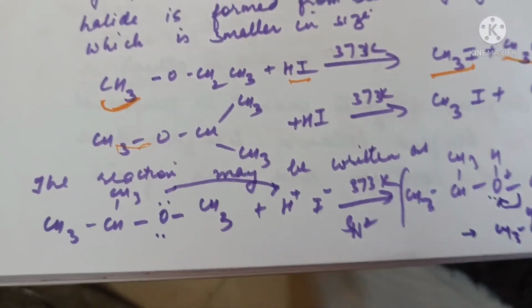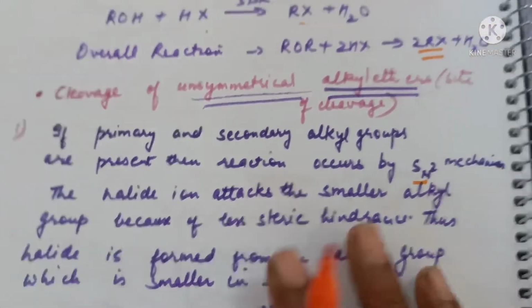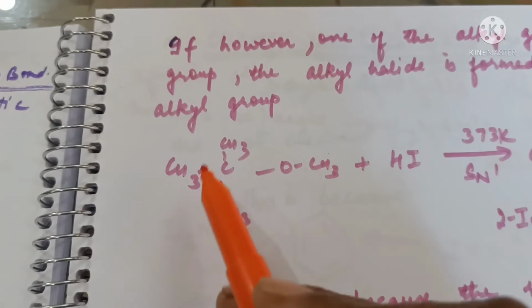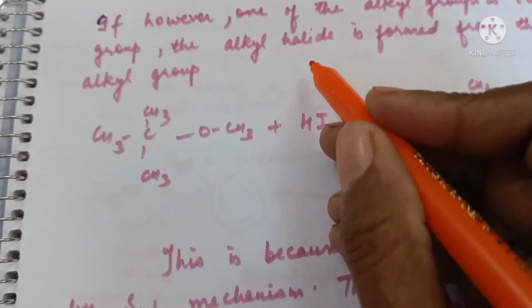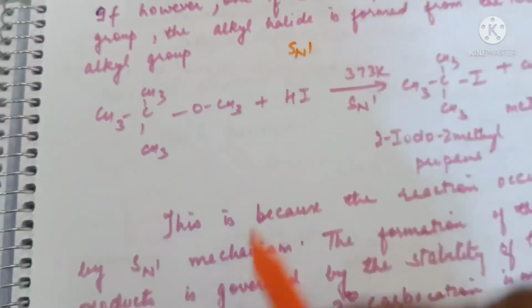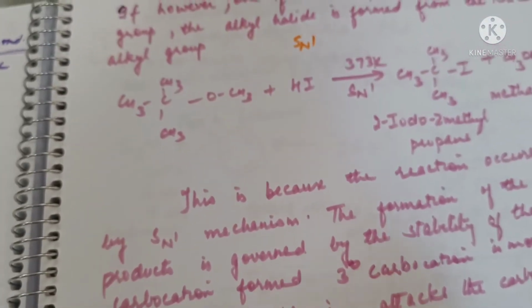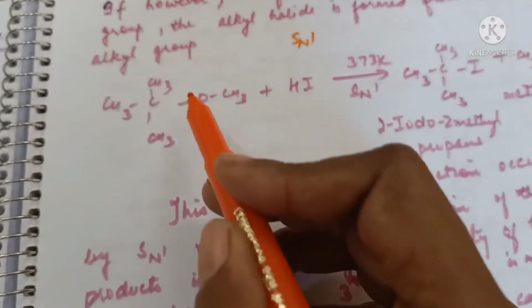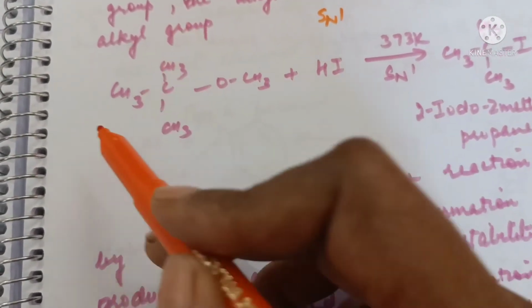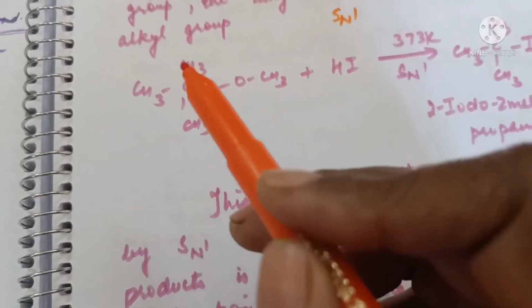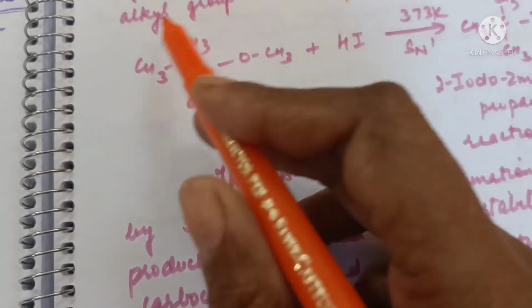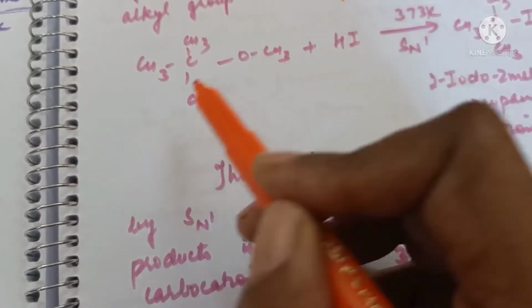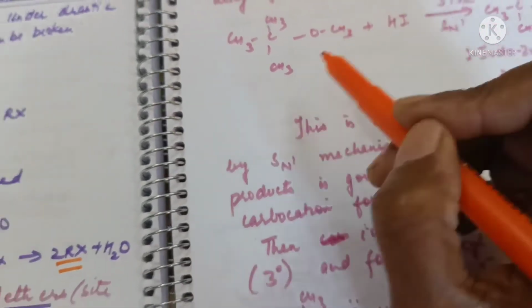However, if the ether contains a tertiary alkyl group, then this reaction will follow the SN1 mechanism. That is, a carbocation is formed first. In that case, as the tertiary carbocation is more stable, it will be formed in preference, and this tertiary carbocation will get the halide ion.